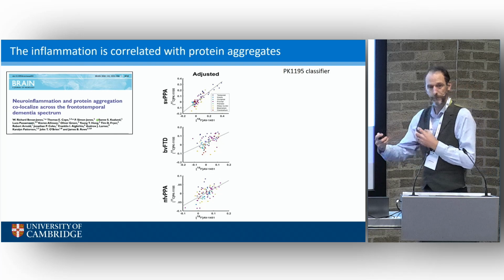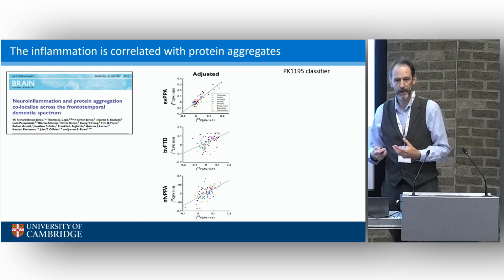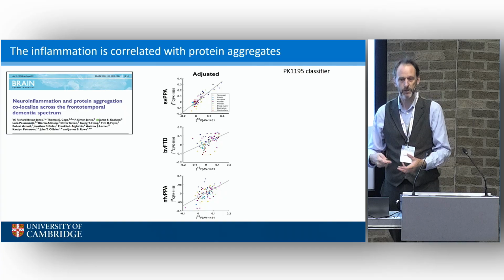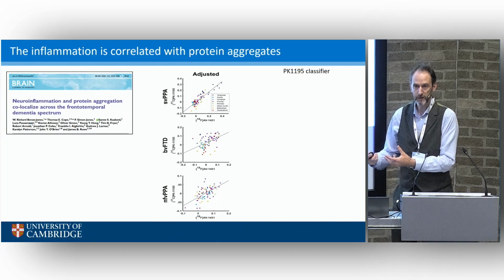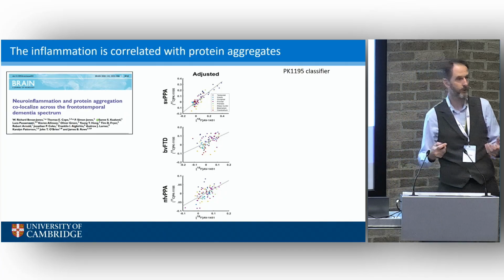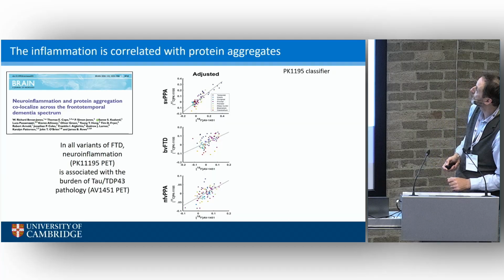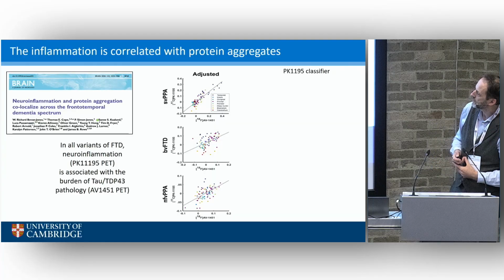So although it's different parts of the brain, it's always the case that the more molecular pathology, the more microglial activation, okay? Even though the exact geography or topology of the diseases is very different. So in all these cases, we see that relationship.